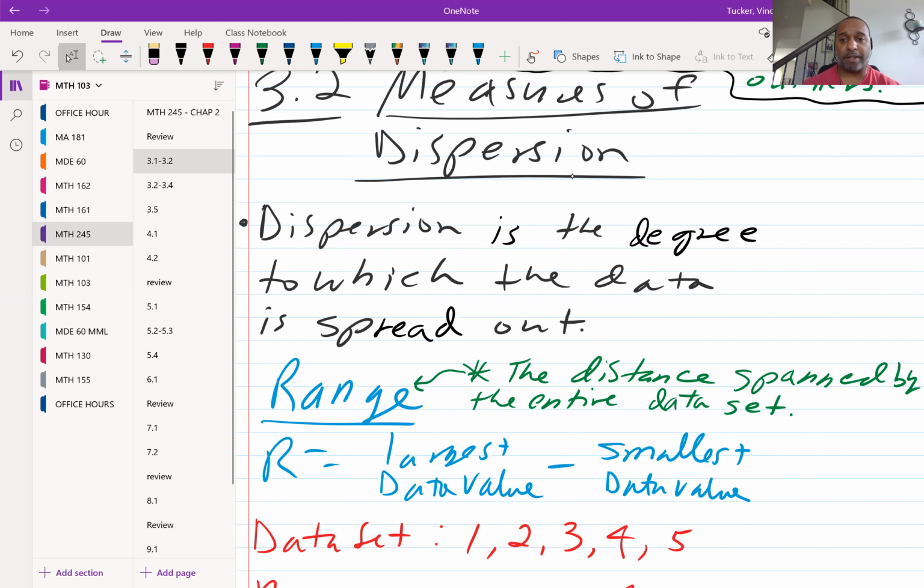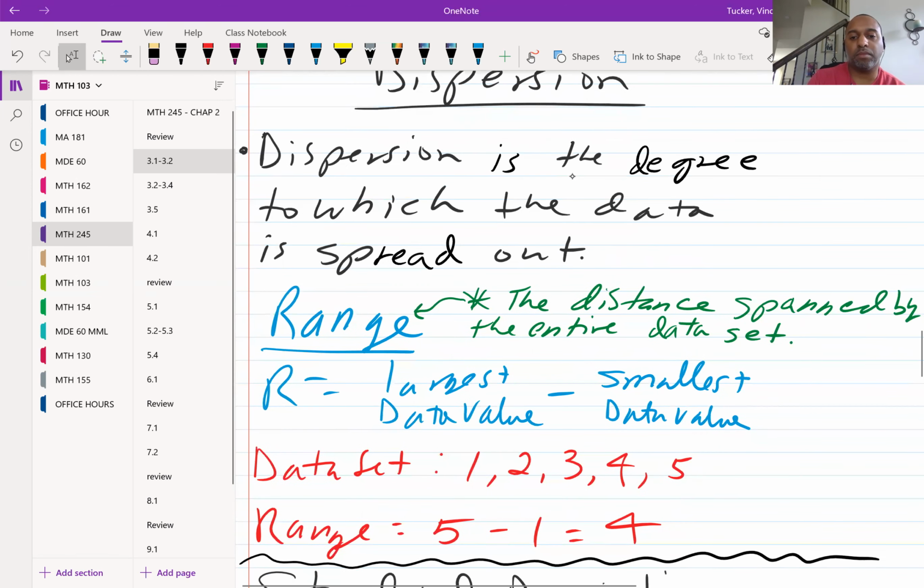That's the distance spanned by the entire data set, and it's the largest data value minus the smallest data value. So if we have that data set of 1, 2, 3, 4, 5, we would do 5 minus 1, and that'll be 4.